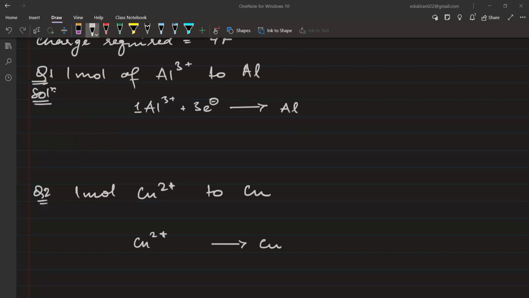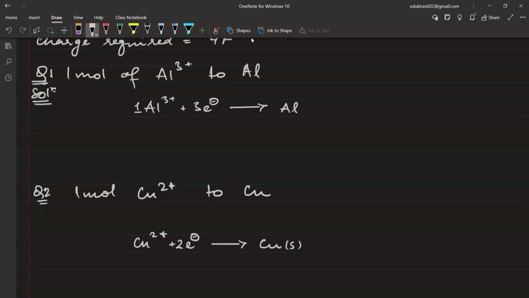Yes. What are we doing here? We are converting 1 mole of copper 2+ to copper solid. Copper. ठीक है. Okay. Tell me, what are we doing? So there is 1 mole of copper 2+, so we'll add 2 electrons. Very good.